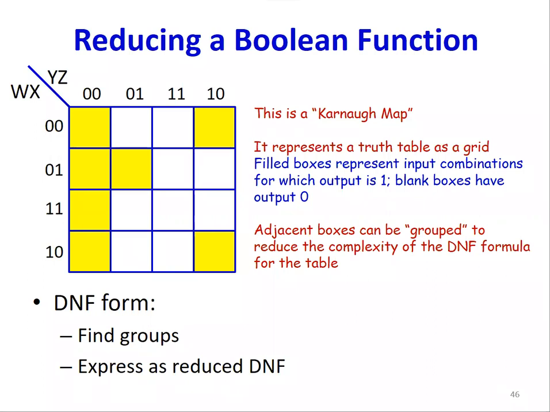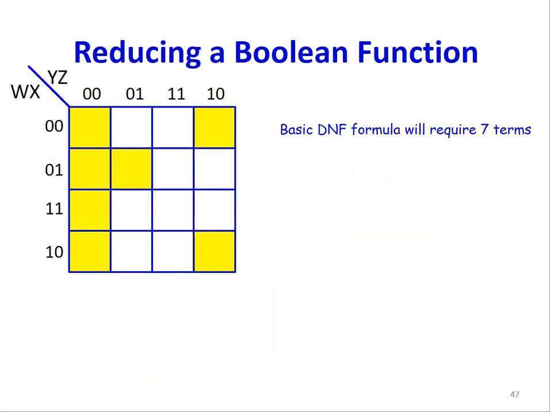And so, because there are 7 boxes for which the output is 1, if I do a naive DNF formula, the naive DNF formula is going to require 7 terms, 7 clauses. In other words, if I build a naive DNF formula and then build an MLP to model it, it will have 7 neurons in the hidden layer. But then I can reduce it.